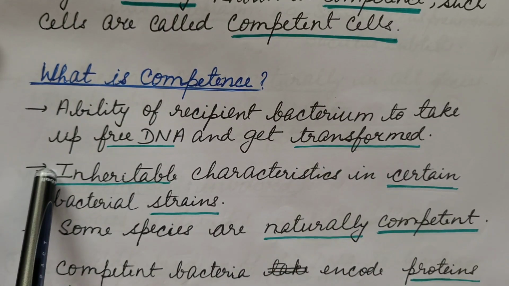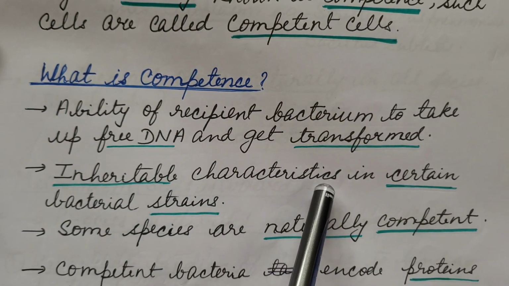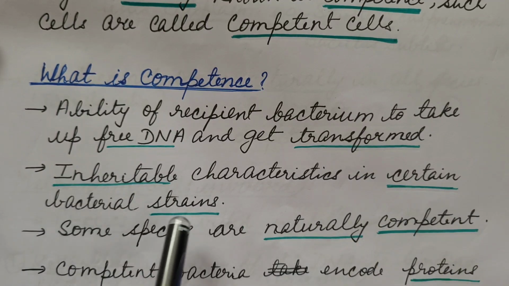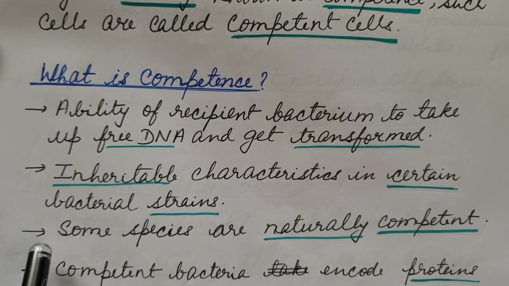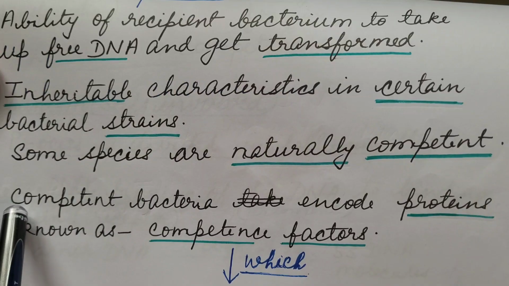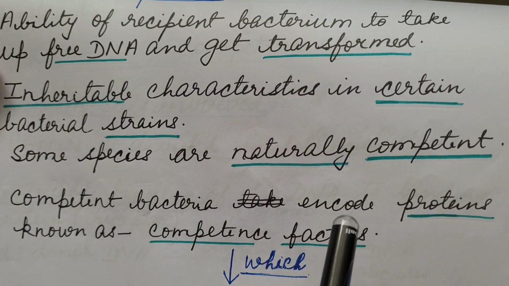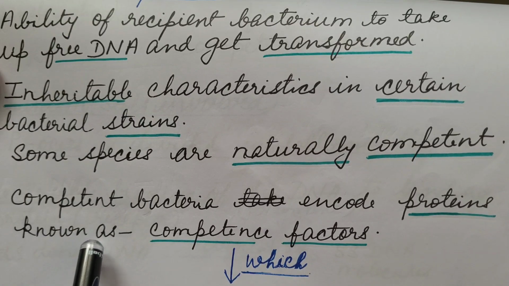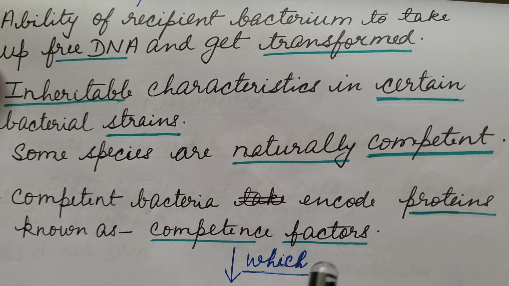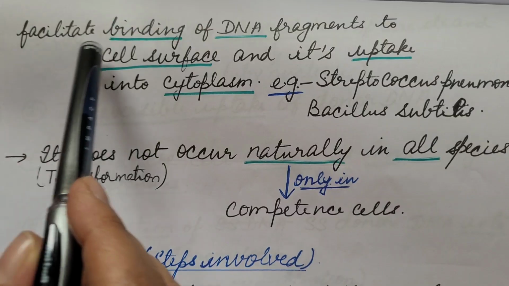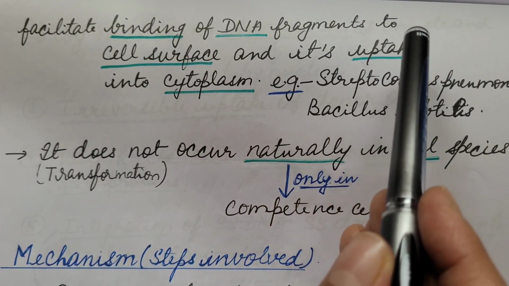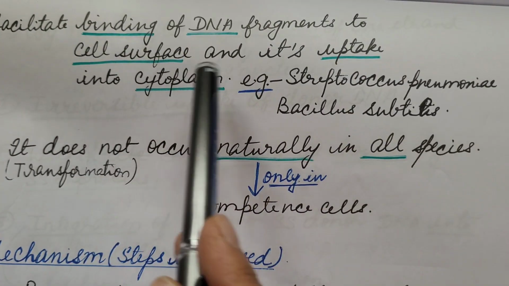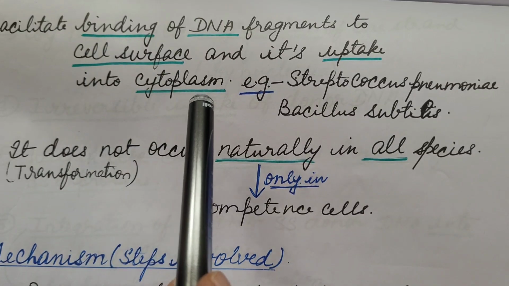This competence is an inheritable characteristic in certain bacterial strains. Some species are naturally competent. Competent bacteria encode receptor proteins known as competence factors, which facilitate binding of DNA fragments to the cell surface and its uptake into the cytoplasm.